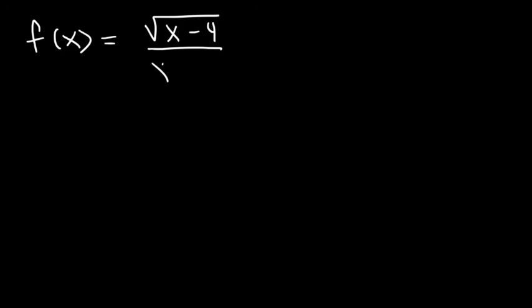Now let's proceed to the next one. Suppose I take f of x equals root under x minus 4 divided by x square minus 25. So now same thing here, x square minus 25 must not be equal to 0.